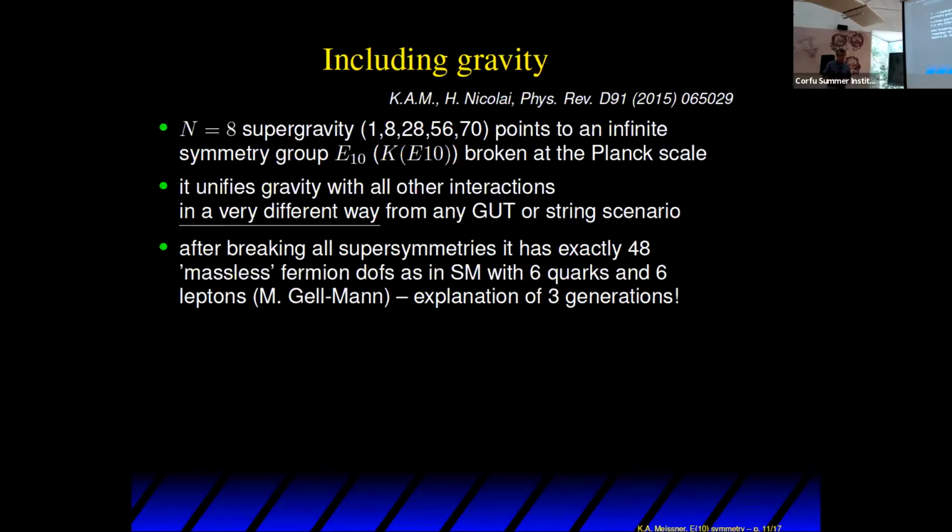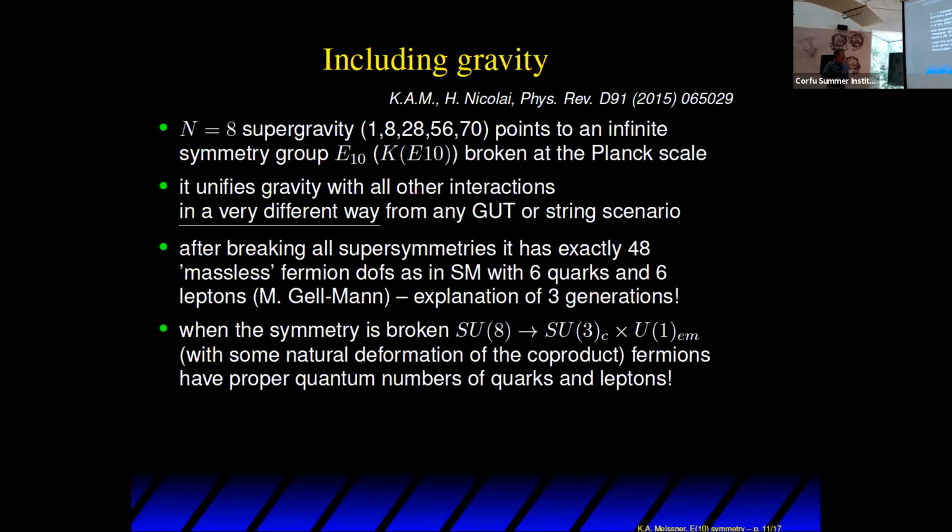So that was a problem that Gell-Mann noticed. And when the symmetry is broken, it requires a very natural deformation of the coproduct, and all the 1/6 go into place. So electron has charge -1, neutrino has 0, up quark has +2/3, down quark has -1/3. Everything fits into place with a very natural deformation of the coproduct.